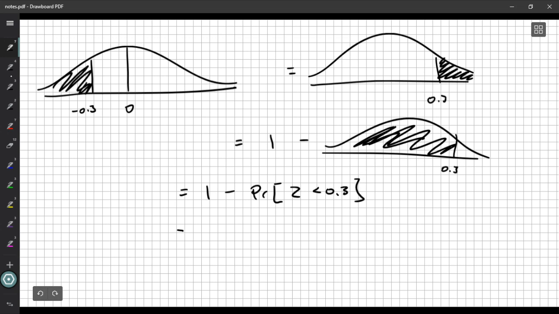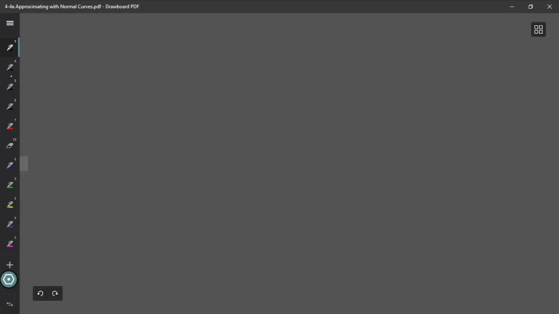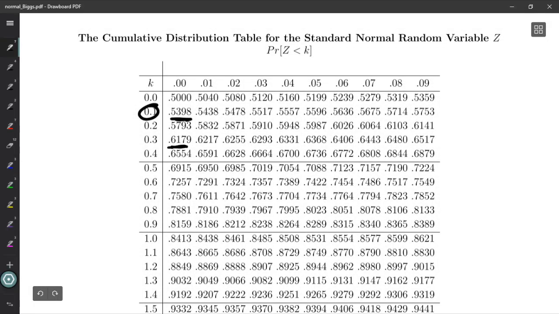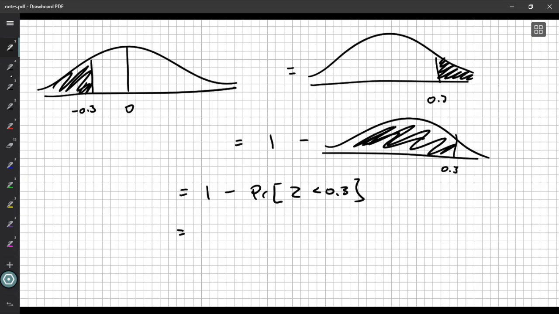Okay, so we're really just applying everything we've learned. Mock histograms, good approximations, shading, flipping, symmetries, all of that fun stuff. So 1 minus, and now we look up for 0.3. Go one further. There we go. 0.6179. So this area is 1 minus 0.6179. So we'll get a 1, a 2, an 8, and a 3.